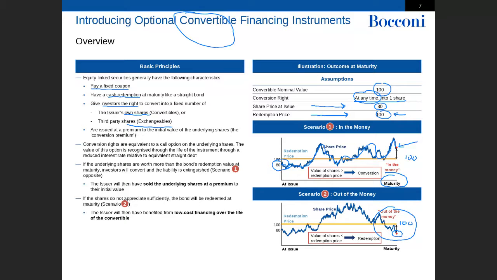But what is the option embedded in a convertible? So here the bondholder has the possibility, so de facto has a call to convert the shares. And as we know, even though you have the possibility to convert at any time, what is the behavior of the owner of a call?